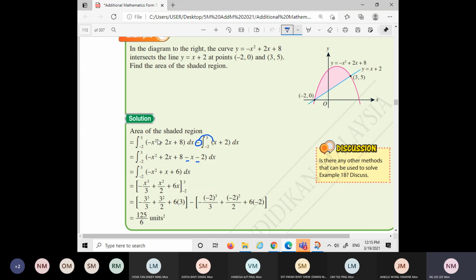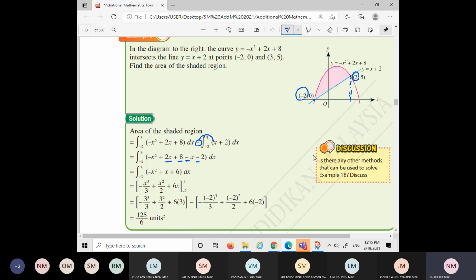The lower limit is here, which is negative 2, and the upper limit is here, which is 3, so it's from negative 2 to 3. Here you can simplify by combining this and this, so you get positive x, and this and this, you get positive 6. Then you do the integration, and after that put in the limits, then you will get the answer.